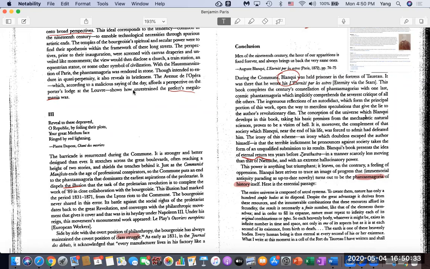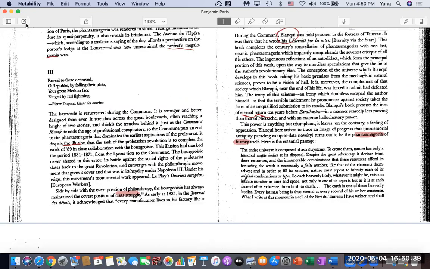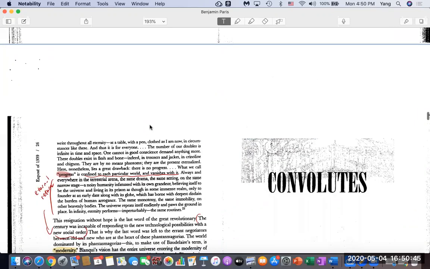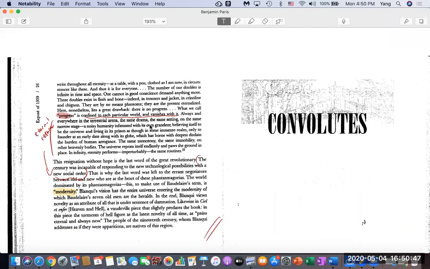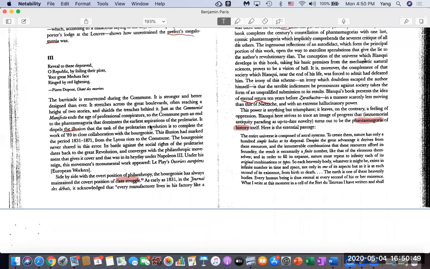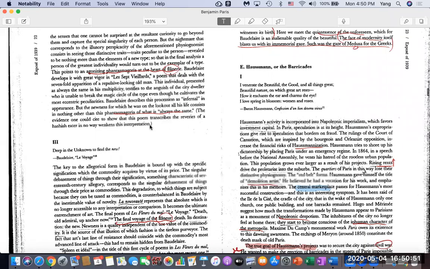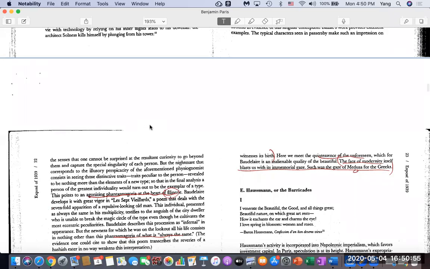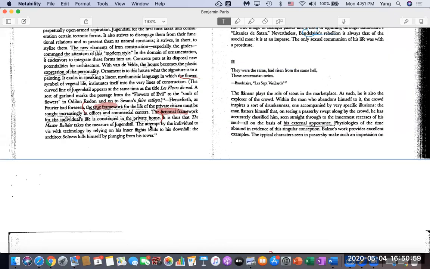Not really. But through looking at Baudelaire, and through looking at the architectural things and some other things, we're seeing the growth of a certain kind of sensibility that is embodied for Benjamin in figures like the flaneur.